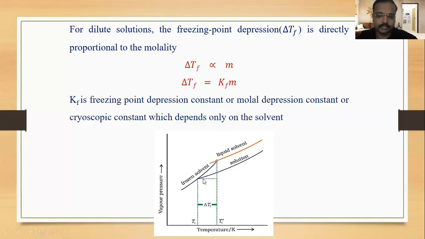When we look at solvent to solution, there is a change in temperature, a difference we call delta TF, the freezing point depression. Delta TF is directly proportional to molality.